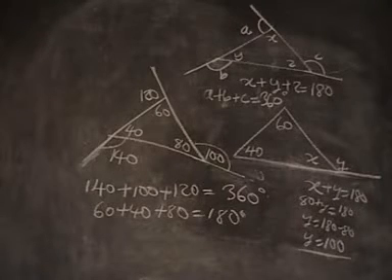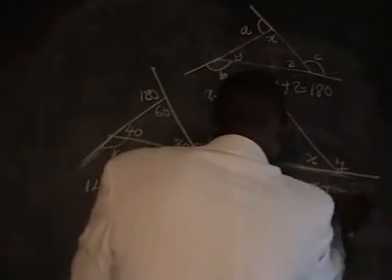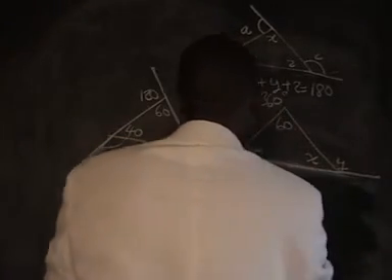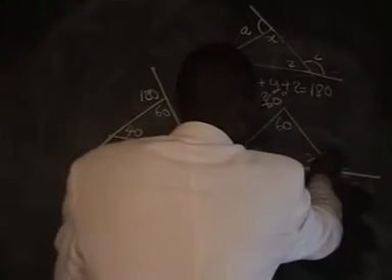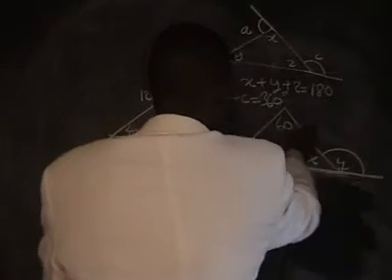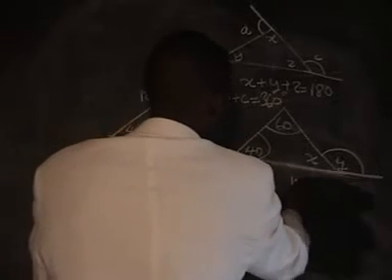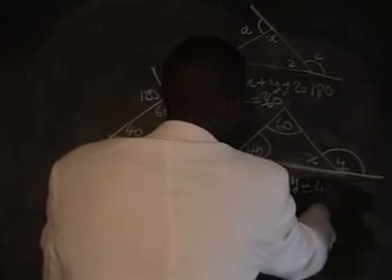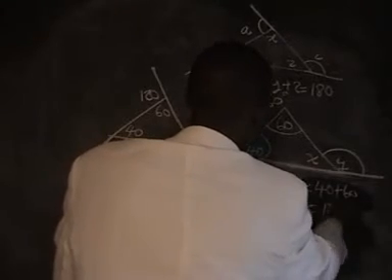Now, from that, it can be seen clearly that if you look at this setup, if you want to find an exterior angle, all you need to do is add the two opposite interior angles. You add 40 plus 60, you get y. So y is equal to 40 plus 60, and y is equal to 100 degrees.